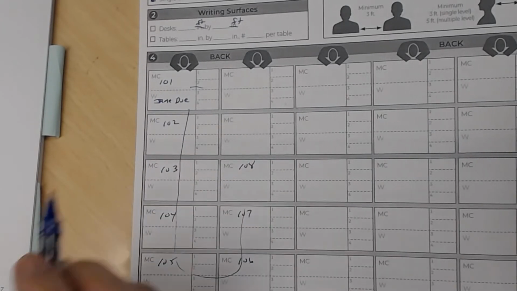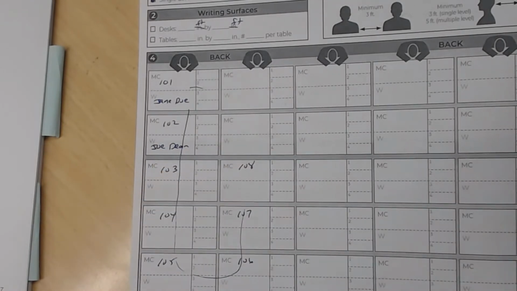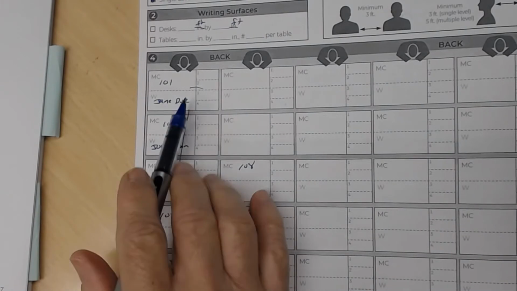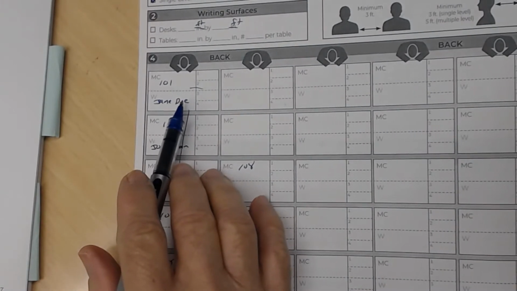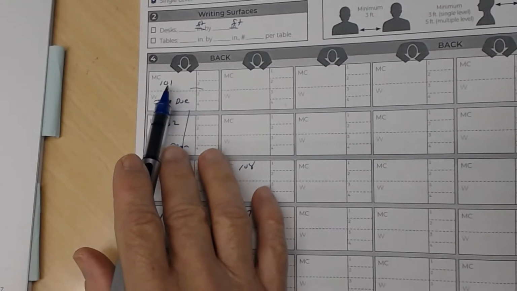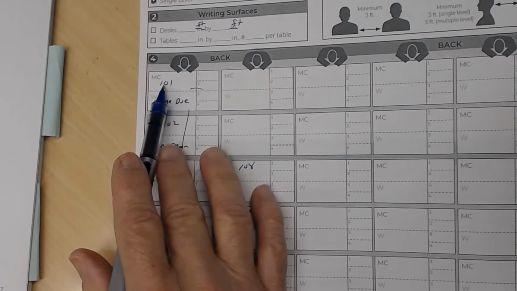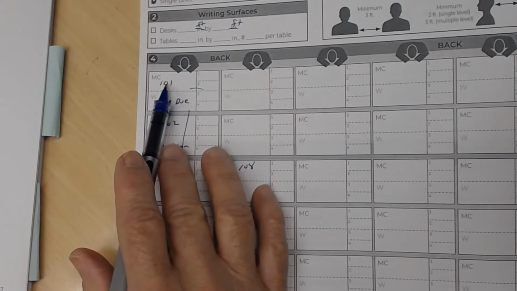So Jane Doe was here, Joe Dean was here, and so on. It is a good idea to put the student name along with the serial number, but the serial number must be listed. You have no choice. If the serial number is not listed, the test coordinator has a lot of work to do at the end.